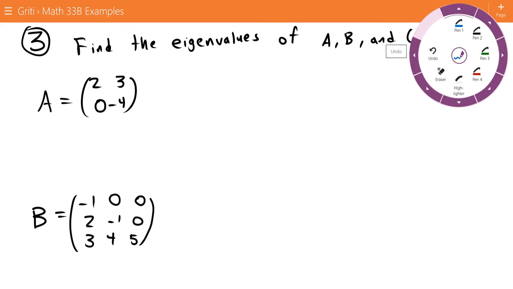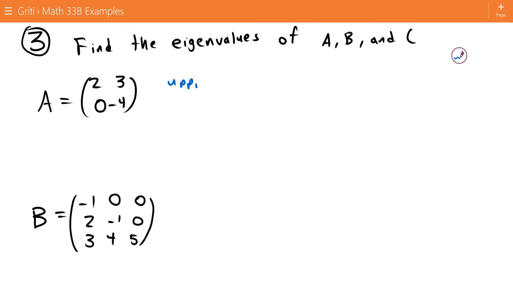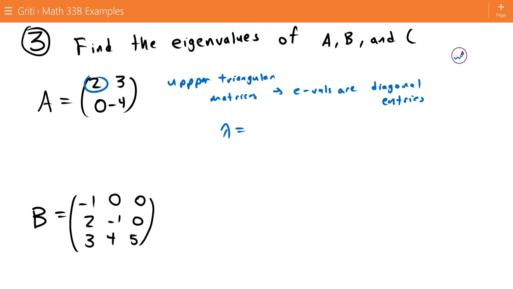So for upper triangular matrices, the eigenvalues are the diagonal entries. So that means that lambda is going to equal 2 and negative 4.